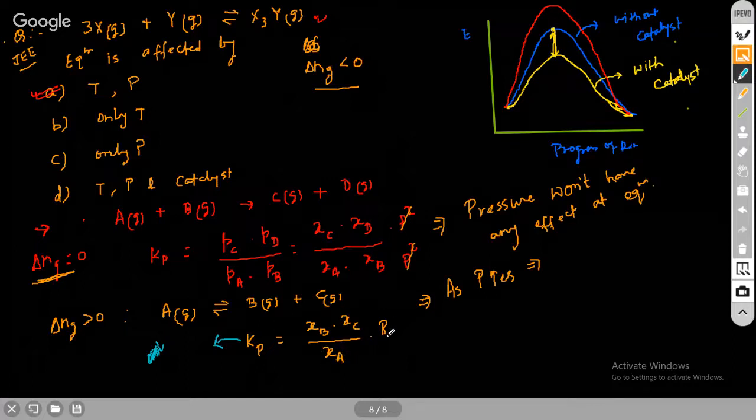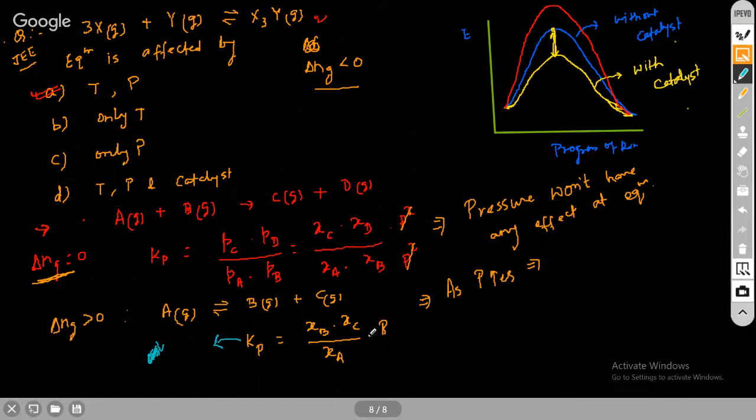Then whatever amount the pressure is increasing, if Xa also increases, this ratio will be maintained and Kp will not change. Kp tries to maintain its value, since it always has the tendency to maintain the equilibrium. So when you are increasing the pressure, Xa has to increase so that this ratio will be maintained.